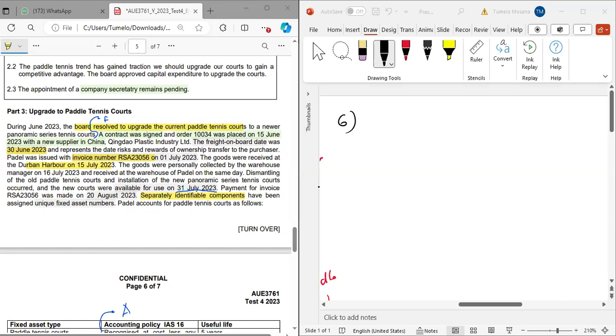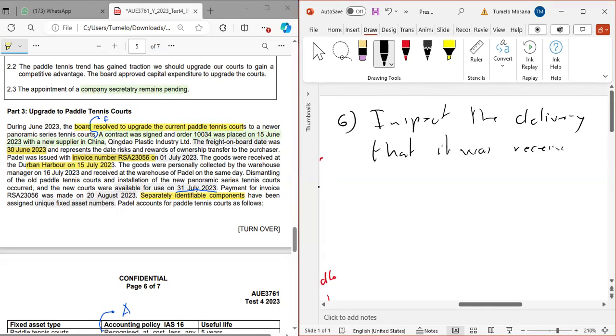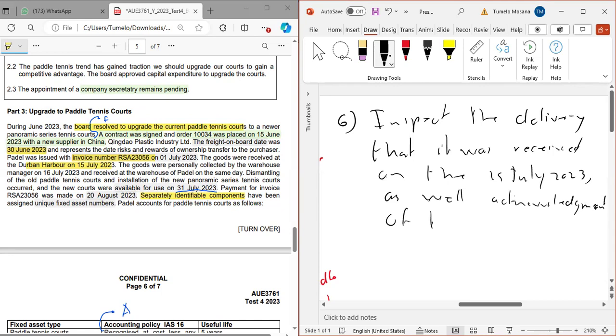So I would want to inspect the delivery note that it was received on the 15th of July, 2023, as well as the receipt or the acknowledgement of the goods.